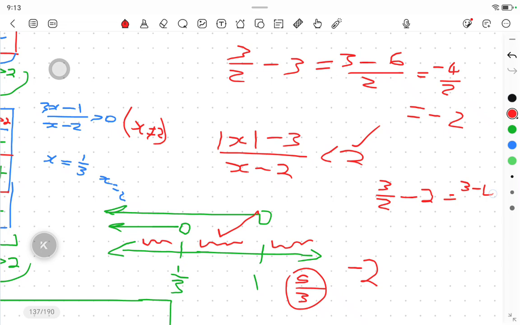This will be 3 minus 4 over 2. And this will be minus 1 over 2. So if I take this divided by minus 1 over 2, it means that when I multiply them, I'm going to change that to minus 2.